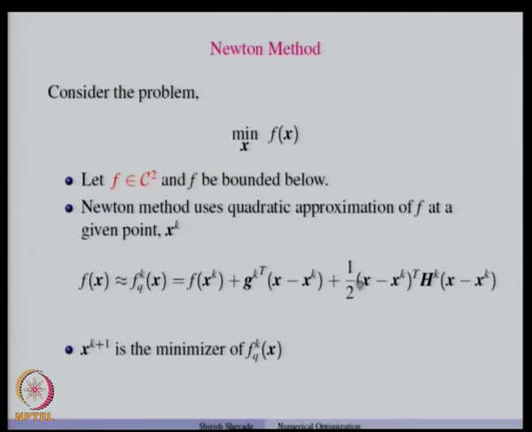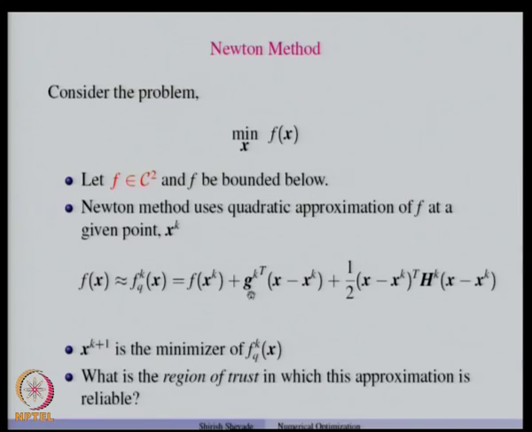So, the quadratic approximation uses the first order derivative and the second order derivative information, and this quadratic approximation is used at a current point x k, and x k plus 1 is found as a minimizer of this quantity.